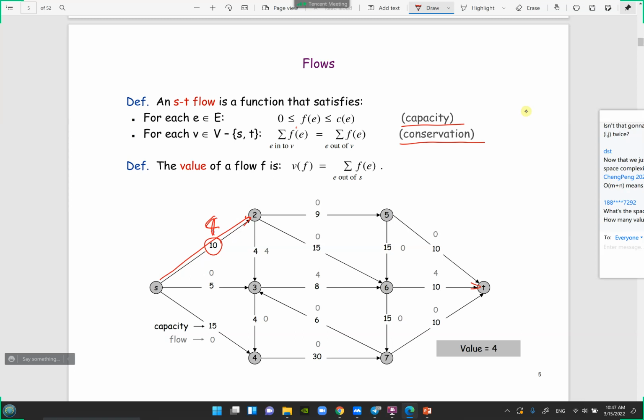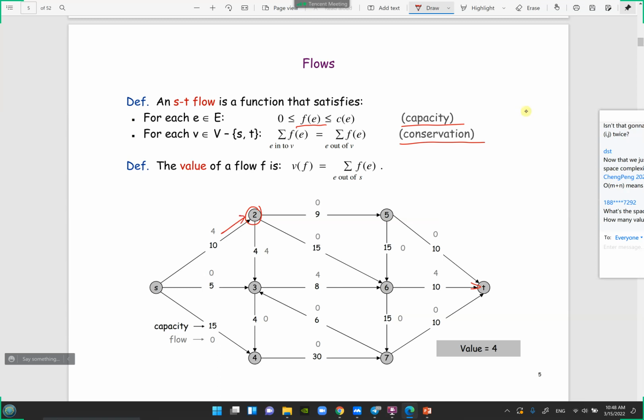So f(e) denotes the amount of flow you put onto edge e, and the amount of flow cannot exceed the capacity of the edge. Now the next condition is called the conservation condition. For example, if you look at this node over here, you see that you have 4 units of flow going into this node.